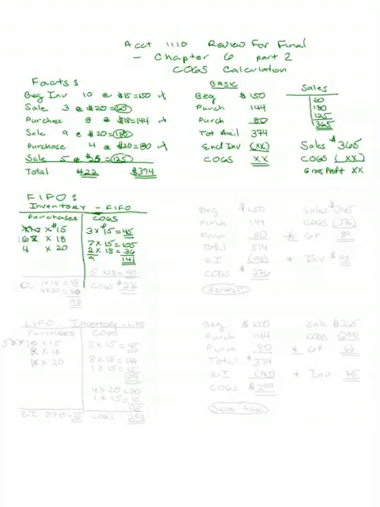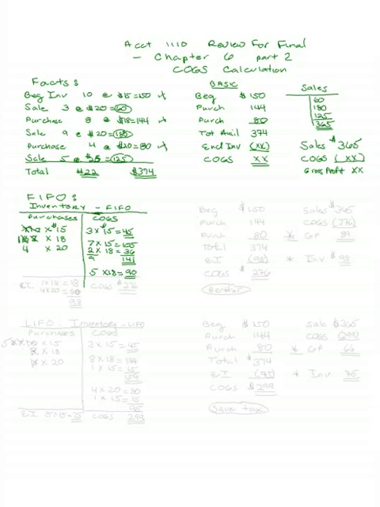Which 5 did I sell? Well, if you're going first in, first out, they all are going to come out of that $18 batch. And there'll be 1 left of those at 18 and 4 left at 20. And I will have sold 5, and their cost will be 18. 5 times 18 is 90. So there's the cost of that sale.